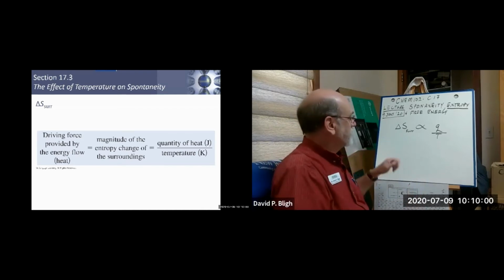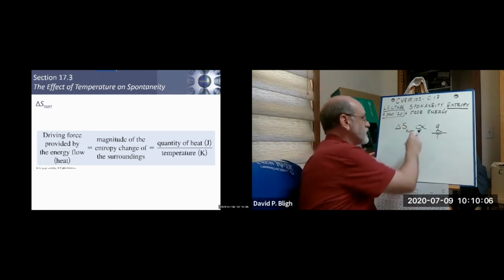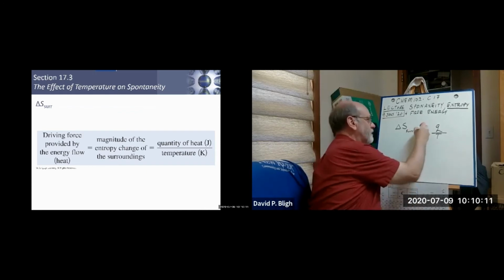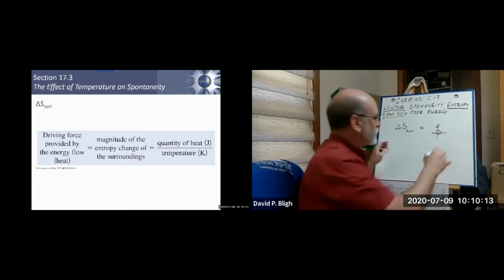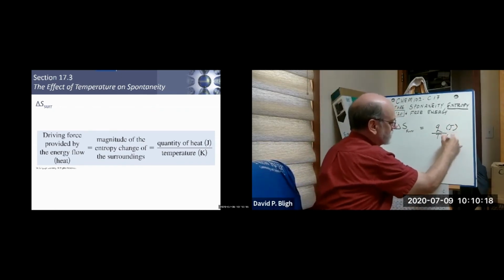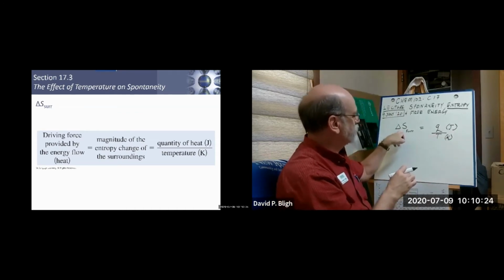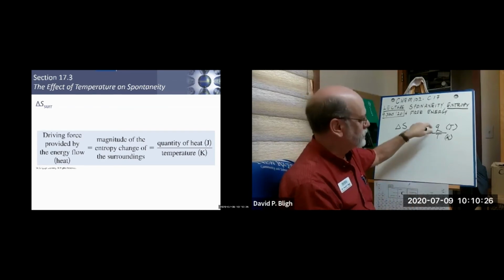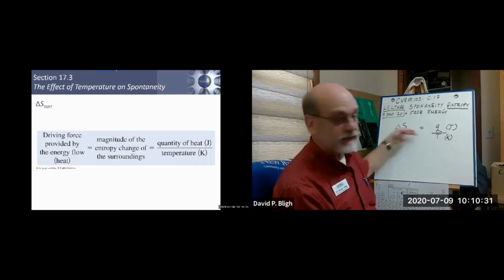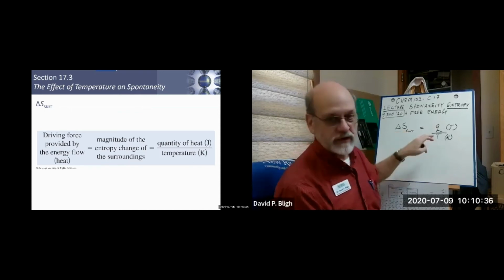So as a matter of fact, if you choose your units of measure correctly, you can replace this with an equal sign. So if we choose this as joules and temperature as Kelvin, then we can say the change in entropy of the surroundings is equal to the change in energy delivered to the surroundings in terms of heat and inversely proportional to the temperature.